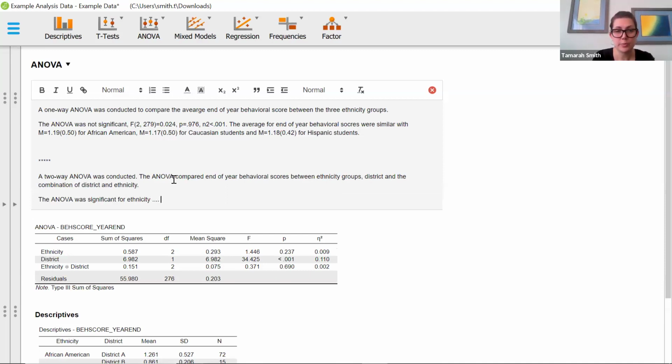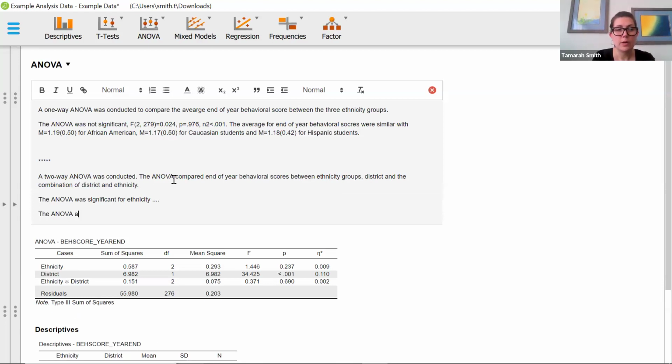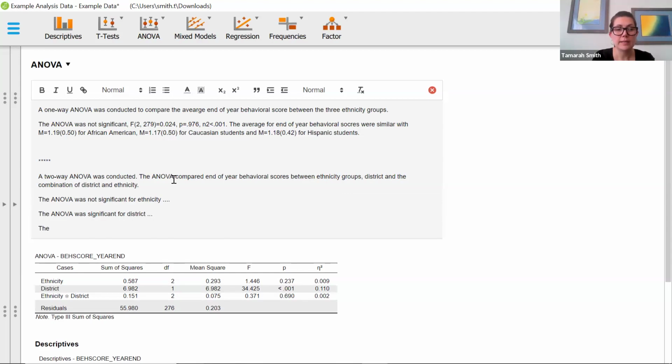And then you're going to put your numbers in there. The ANOVA was, I'm sorry, it was not significant. Was significant for district. And then you're going to put your numbers in there. And the interaction between ethnicity and district was not significant. Let's do a little bit more detail here.